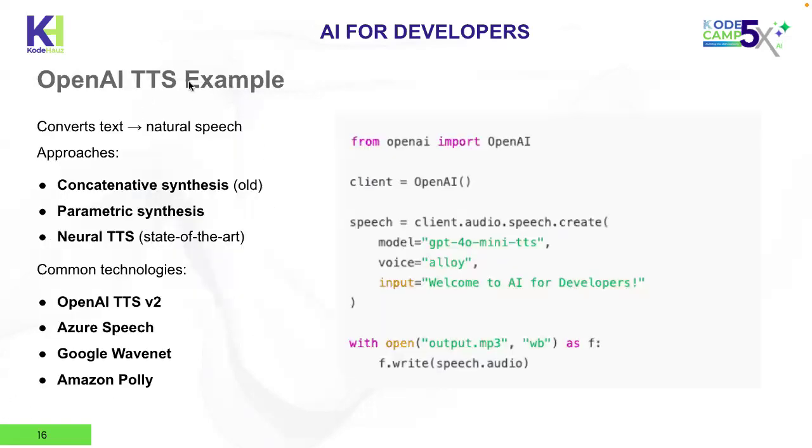So OpenTTS, and again, this is how you can access it, right? You basically create the client, and you call client.audio.speech.create. Then you specify the model, you specify the voice. Like I said, there are different voices which you can specify, and then you pass in the prompt that you want it to speak.